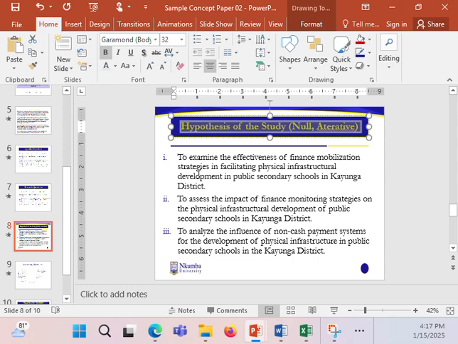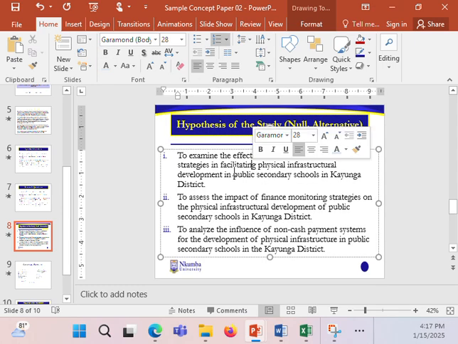Now, null is what the researcher states. The researcher states the null hypothesis. You say null means no relationship. Null means no relationship.